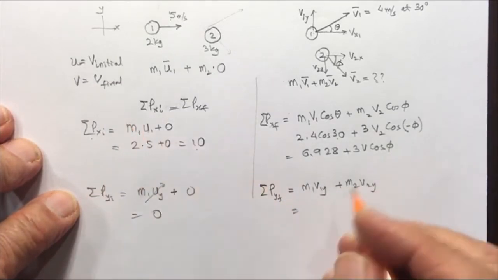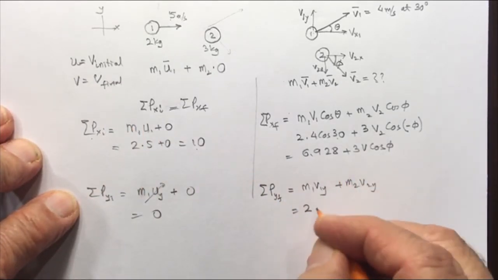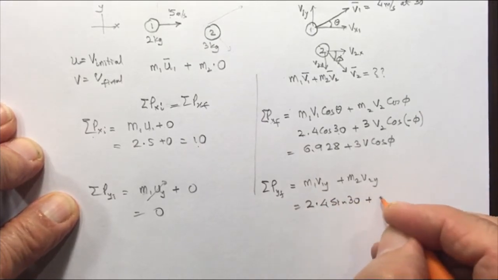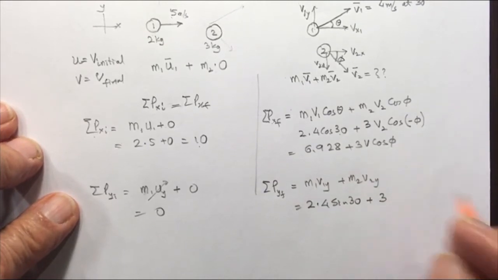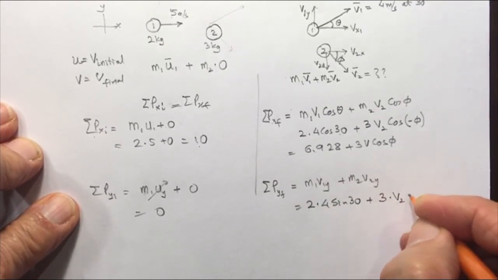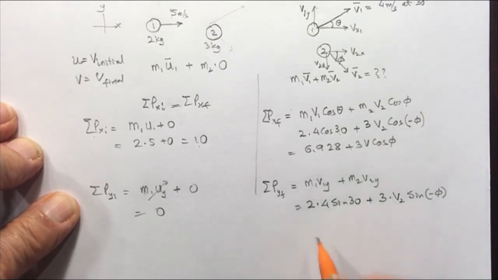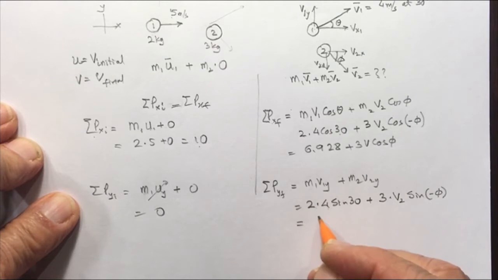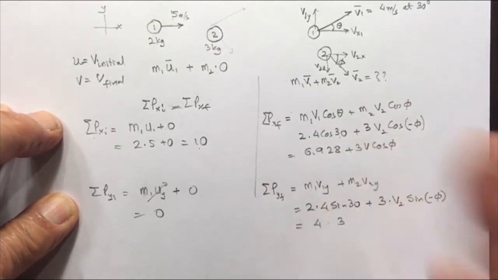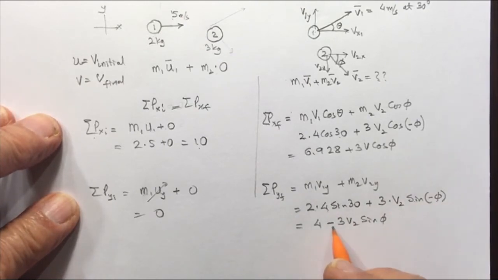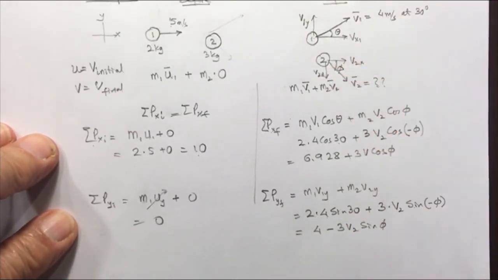Now m1 was 2, and v1 y is going to be 4 sine 30, and this is going to be m2, which is 3, and v2 y is going to be v2 sine of minus phi. So that's going to be 4 plus, no, it's going to become negative 3 v2 sine phi, because sine of negative phi is minus sine phi, or you could simply say it's going downwards, so it has to be negative.